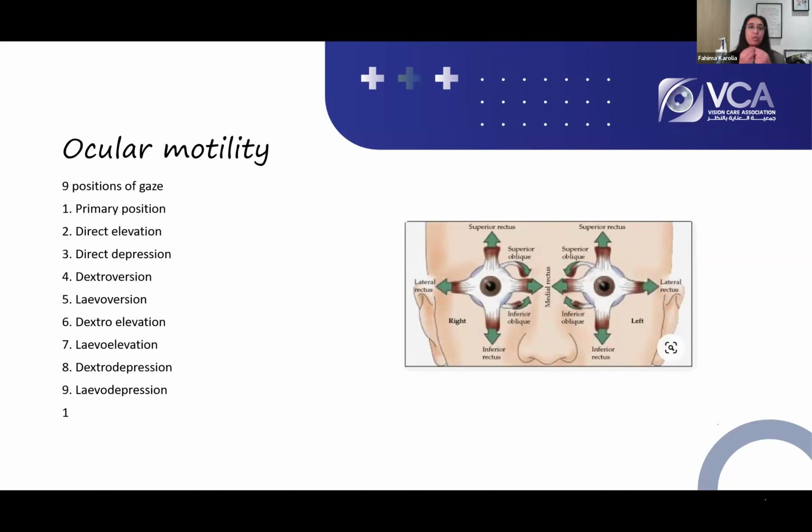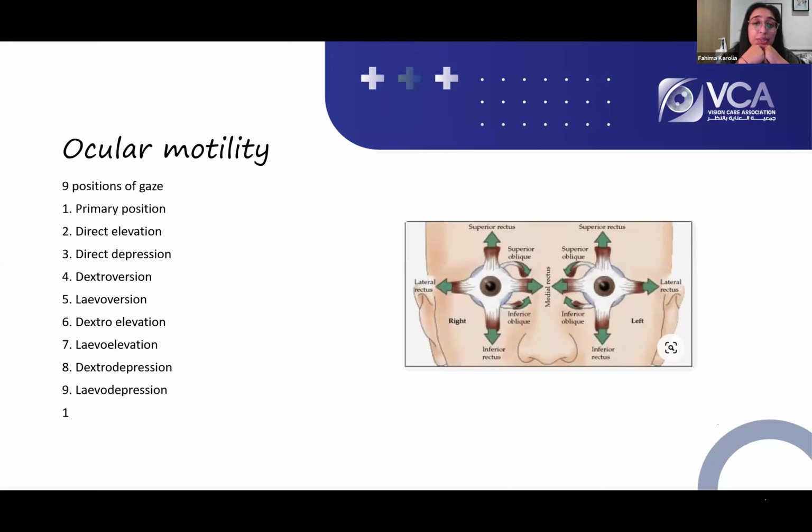So you go in primary position, then direct elevation, direct depression, dextroversion, levoversion, dextroelevation, levoelevation, dextrodepression, and levodepression. And why do we need to go in these diagonal gazes? Because we want to look at the obliques.